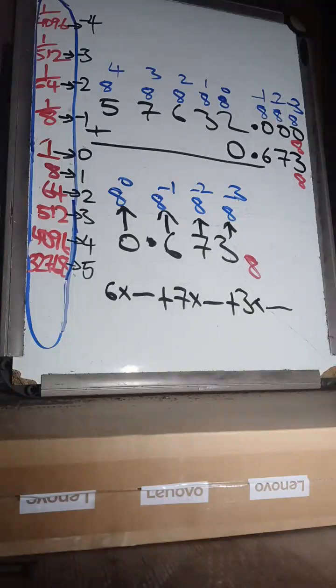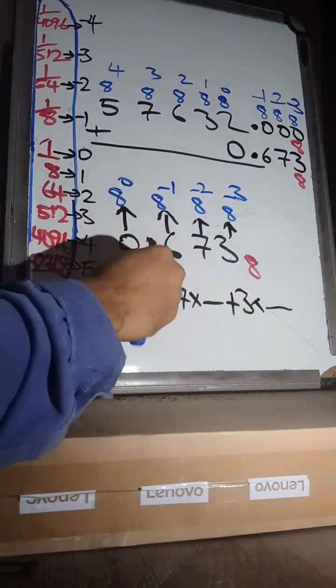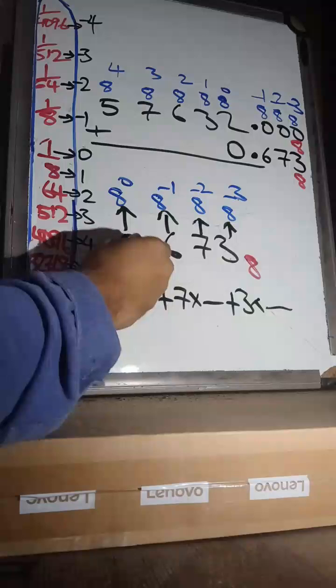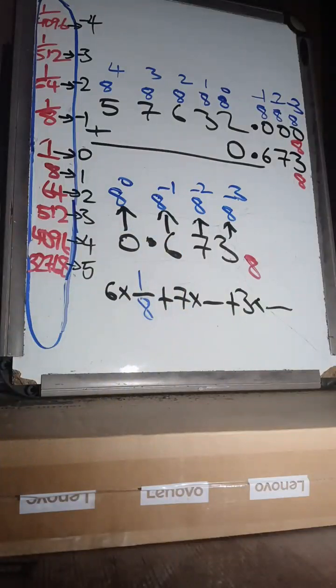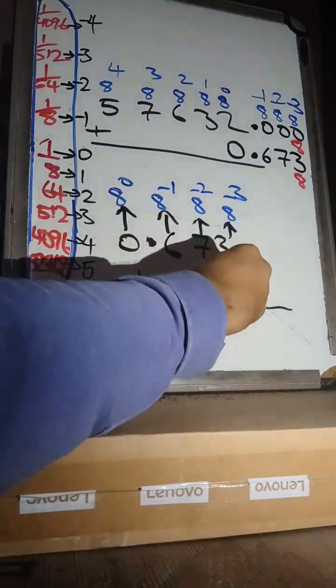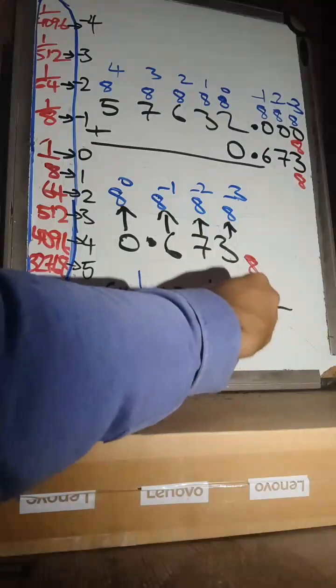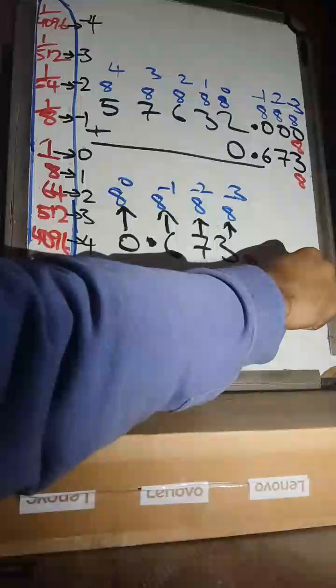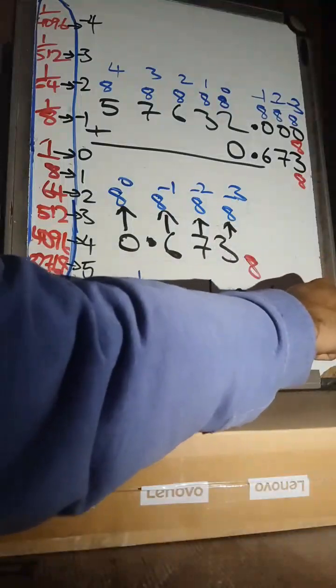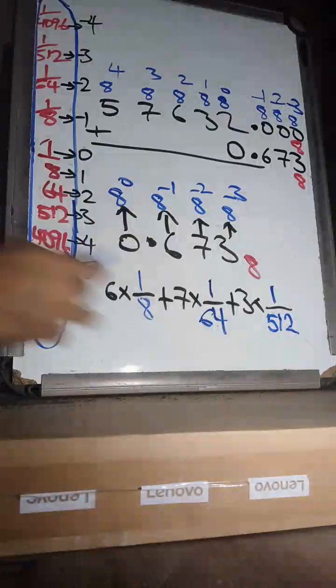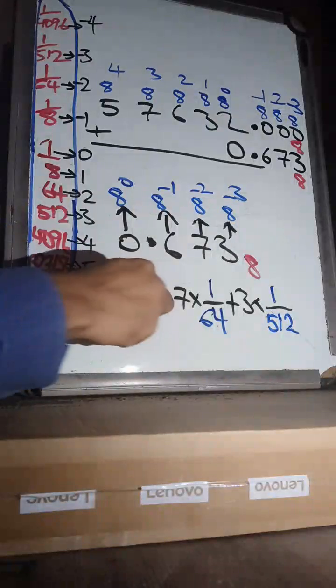So 6 times 1 over 8, 7 times 1 over 64, and 3 times 1 over 512. Just make sure, so we'll have that.